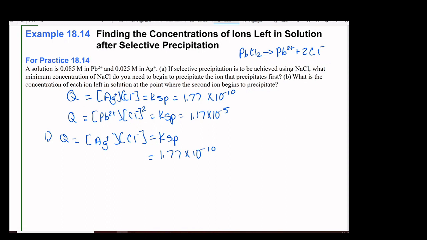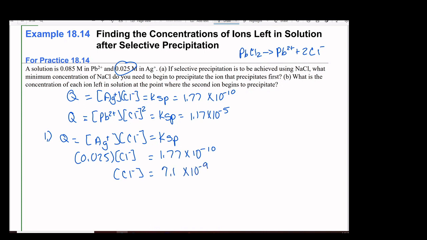All right, and so that's going to be equal to 0.025 molar for the silver, which was given right here, times the chloride ion concentration. So we need to solve for the chloride ion concentration when the Q is equal to the KSP. So the chloride ion concentration at that point is equal to 7.1 times 10 to minus 9.